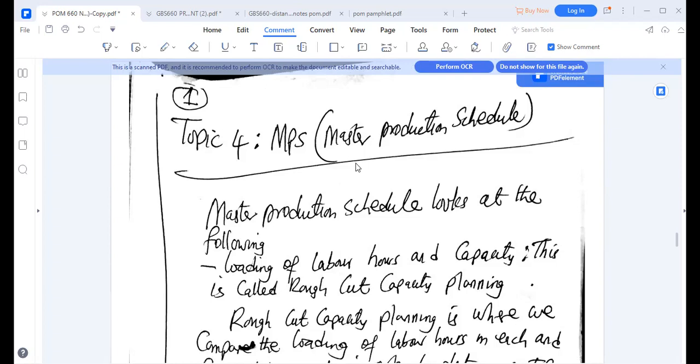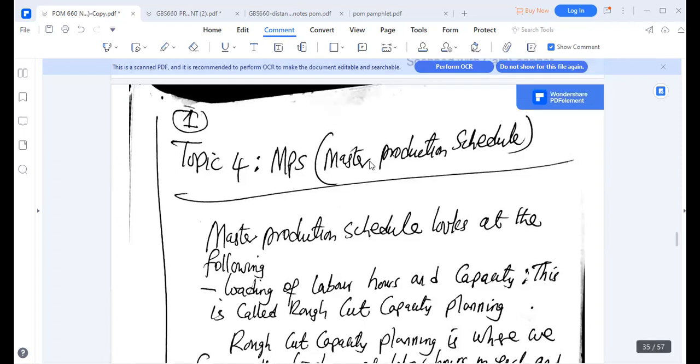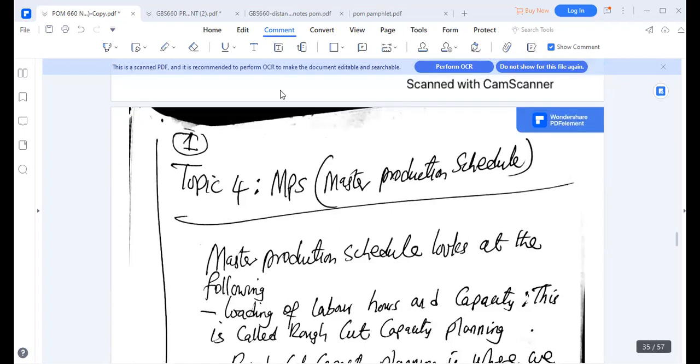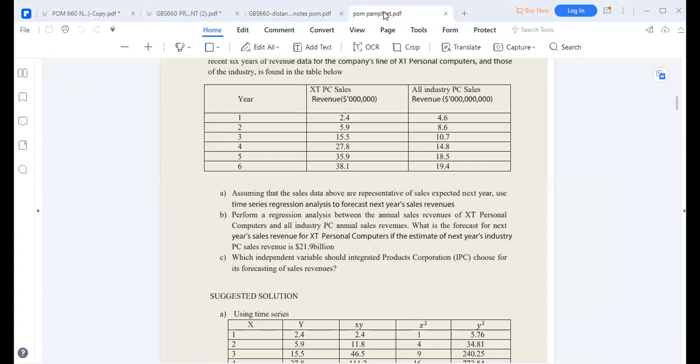Now, this master production schedule looks at the following. Of course, it is the shortest possible topic that you can ever go for in POM, and actually very easy to understand. We can get it even from the pamphlet.